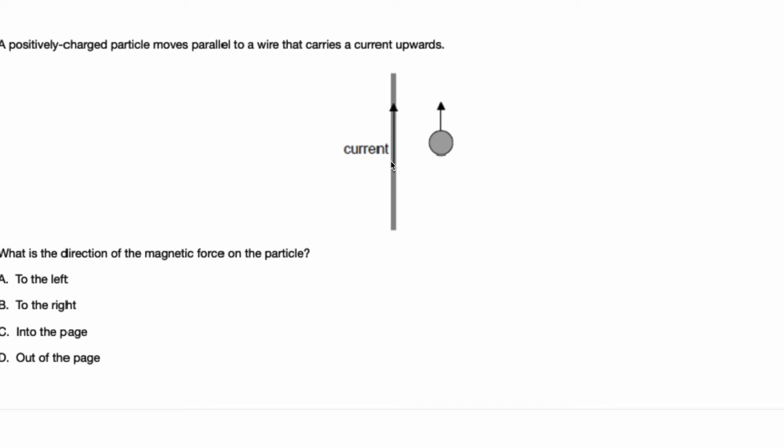Actually, it doesn't have to be so complicated, right? Just here is pointing out of the page, here is pointing into the page, and this is the direction of current. And then you can determine the direction of the magnetic force. So it's going to be pointing to the left.